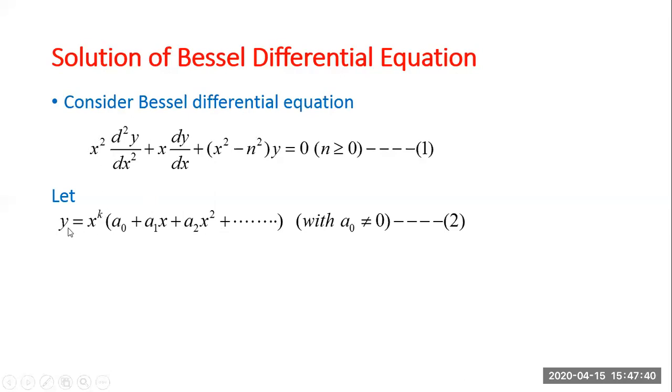So let me take y is equal to x power k in the bracket (a0 plus a1x plus a2x square and so on), where k is some constant, and a0, a1, a2 are all constants, with the condition a0 not equal to 0, be the solution of the given equation.